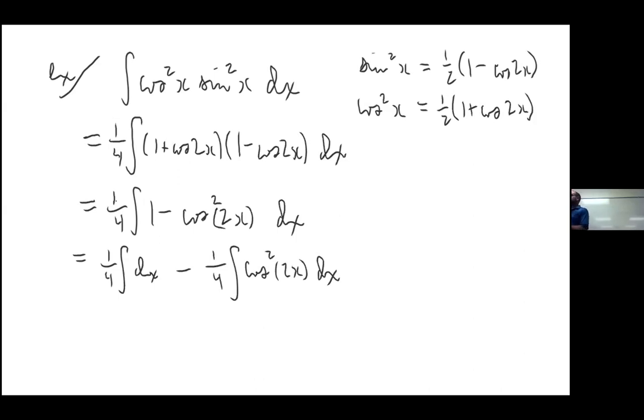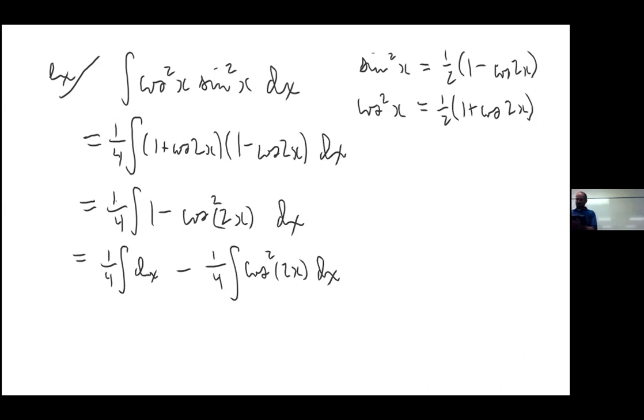Would you use substitution for the 2x and then the 1/2? No, maybe that might be too complicated. Why not just use the half angle identity again?